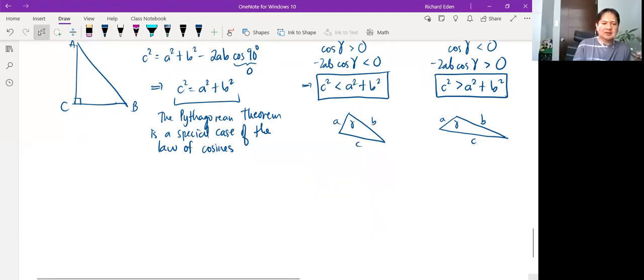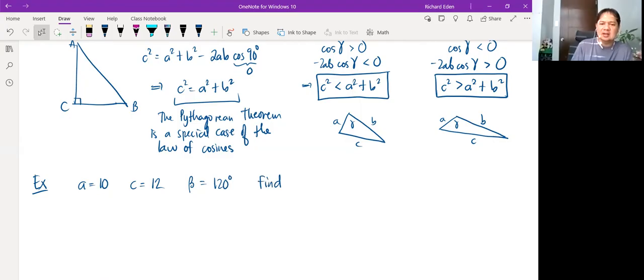Before we go into challenging problems, let's start with the really more basic ones. In a triangle, A is 10 and C is 12, and then beta is 120 degrees.